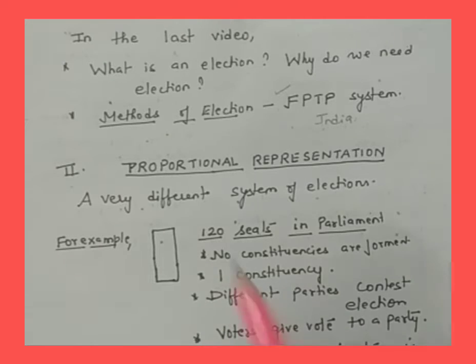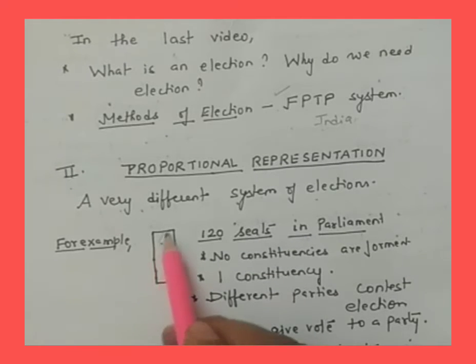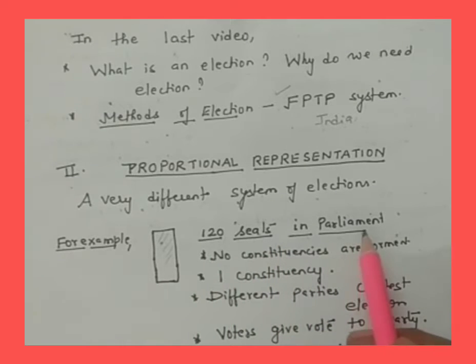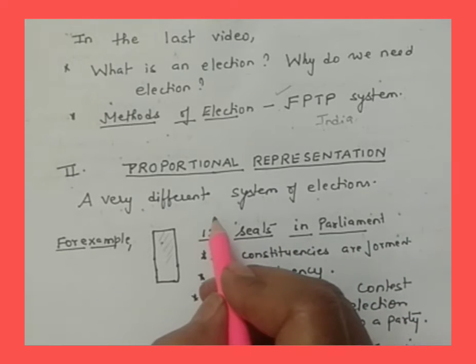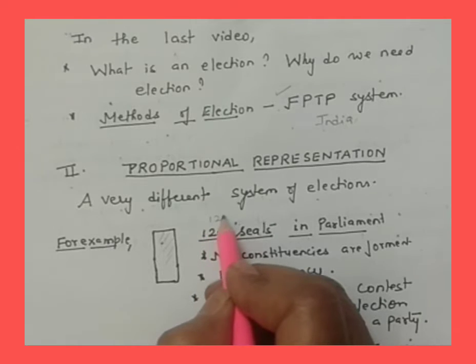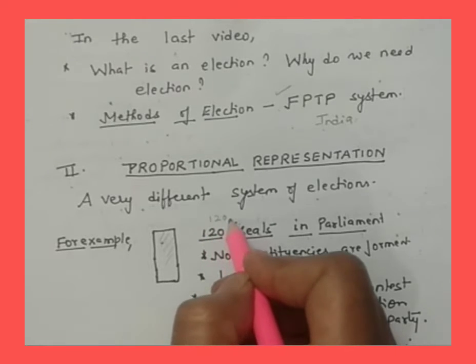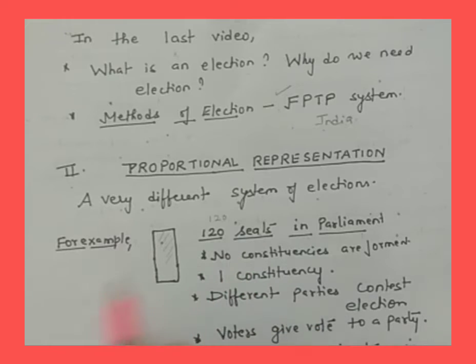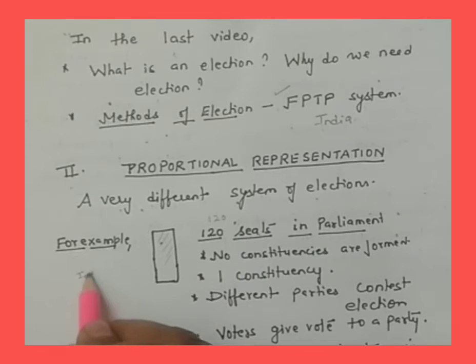So let us see. Suppose this is a country and this country has 120 seats in parliament. So how many members will be elected to the parliament? Of course, 120. But in the FPTP system, you all know that India has 543 seats.